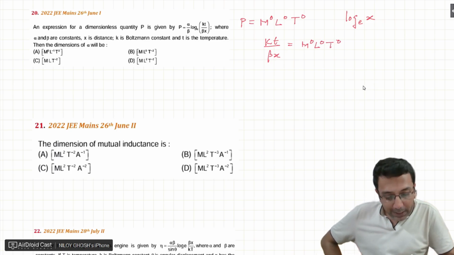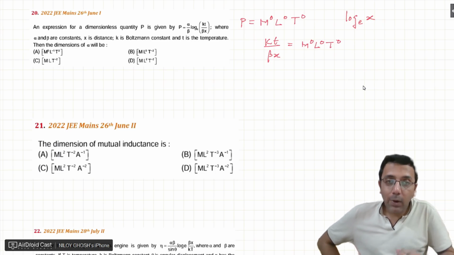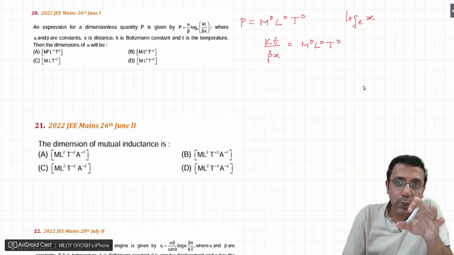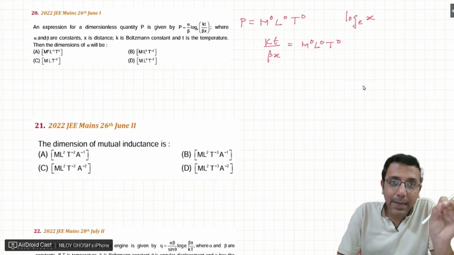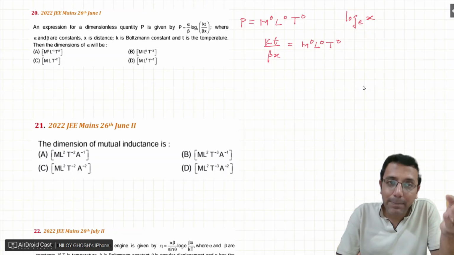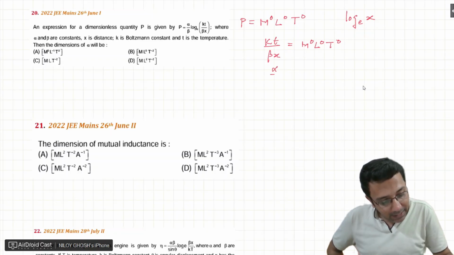Fine. So we have to find out what the dimensions of alpha are. If P equals alpha by beta into the logarithm of something, then alpha by beta should have the same dimension as that of P. If P is dimensionless, alpha by beta is also dimensionless.